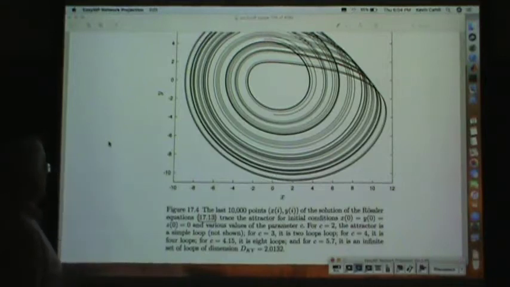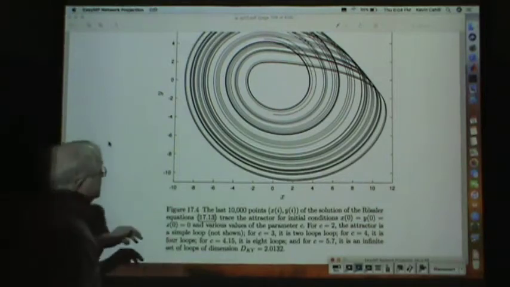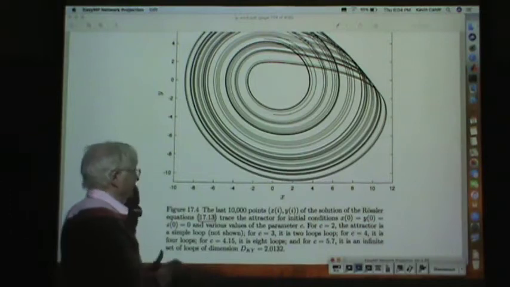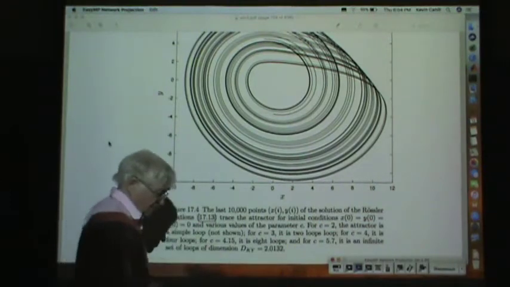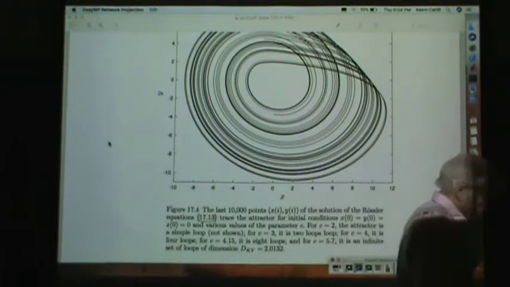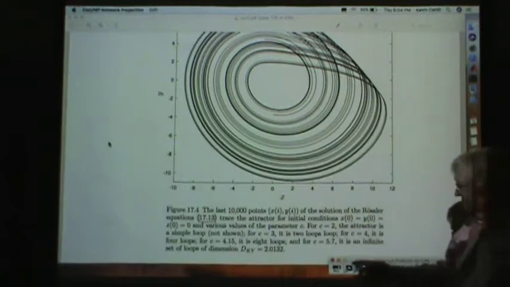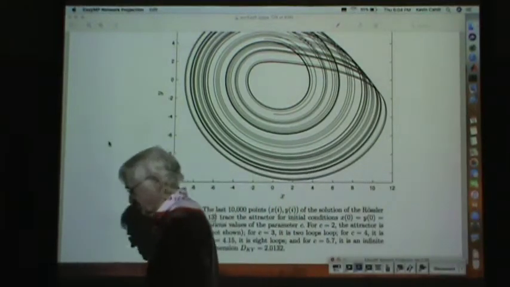And so this again, it's a curve. In other words, this system for C equal to 5.7, you integrate out to very large times, let time go to infinity, and then it runs over a surface that has a dimension slightly greater than 2.